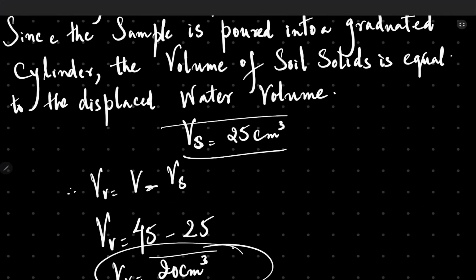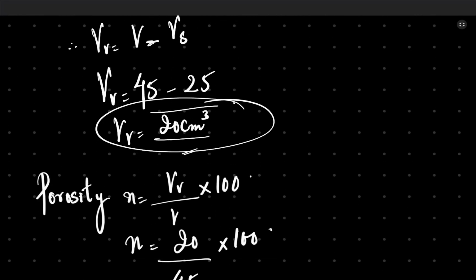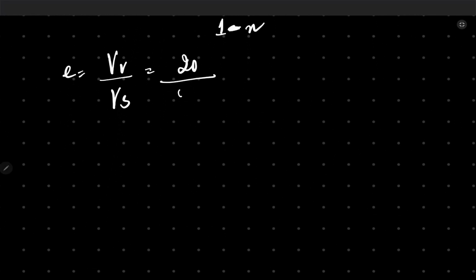It is 25 centimeter cube, because the volume of soil solids in this case is equal to the volume of the water displaced when the sample, after it was collected using a sampler having 45 centimeter cube as its capacity, was poured into a graduated cylinder. There it displaced 25 centimeter cube of water, which is actually equal to the volume of soil solids. All right, so here it is 25.